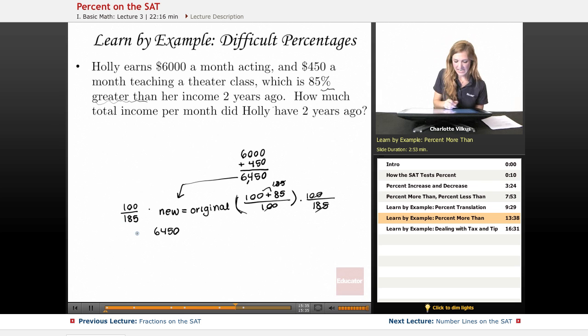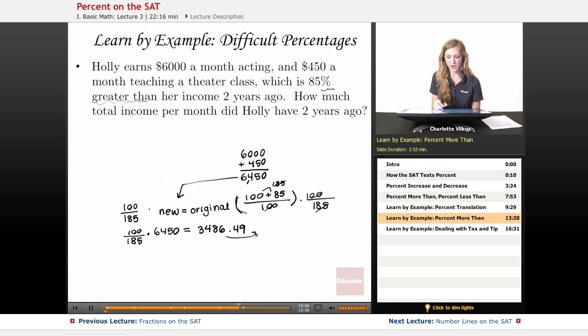and we end up with the original amount equaling the product of these two numbers. So if they asked us to round, we would go ahead and round down. Otherwise, we could keep it at this amount.